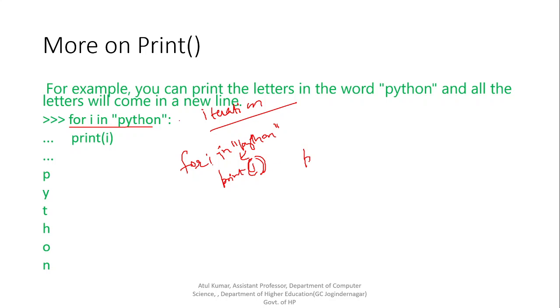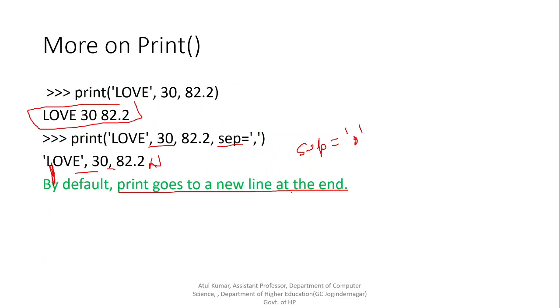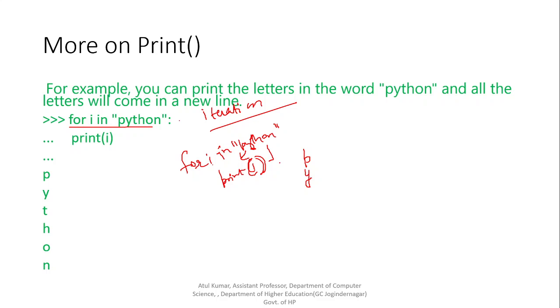The first character here is P, then it will go to the next character Y, then it prints Y. In the previous slide I told you that print goes to the new line at the end. So first it prints P, and then it goes to the new line. In the new line it will print Y, then it changes the line, and in the next line it will print T, then H, then O and N. In this way the whole word Python is printed.